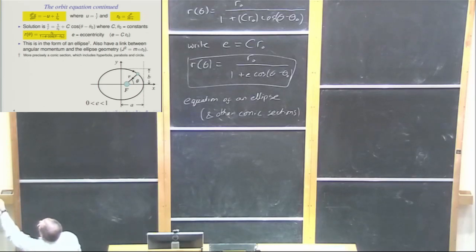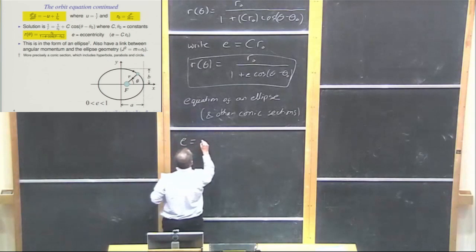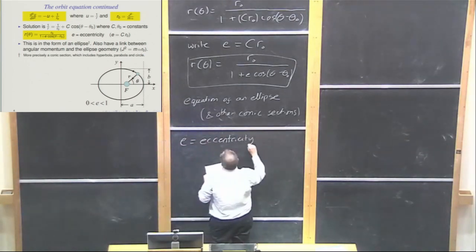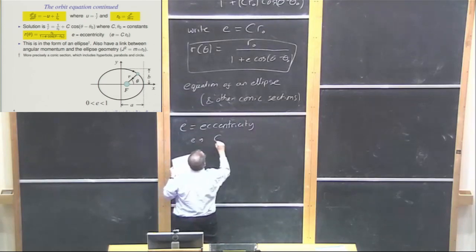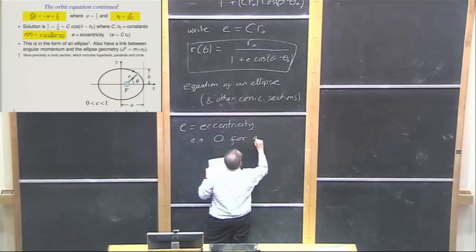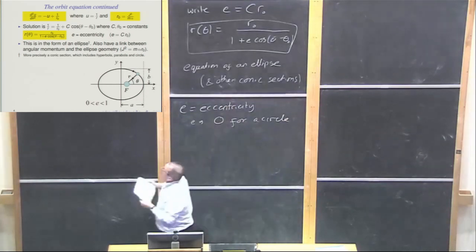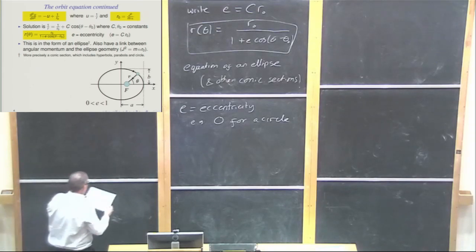Well, this parameter e here, e is the eccentricity. So this is, for instance, 0 for a circle. Okay. So if that value turns out to be 0, then the radius as a function of theta is a constant. So that is clearly a circle.